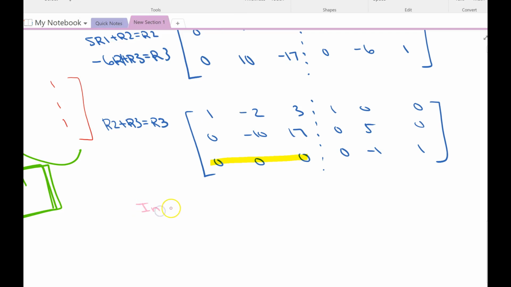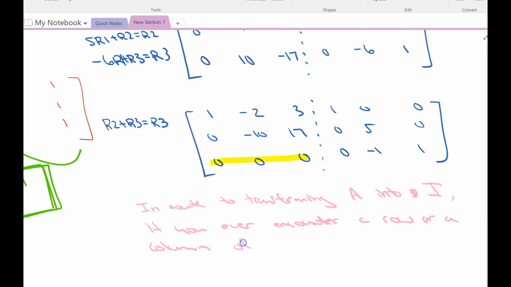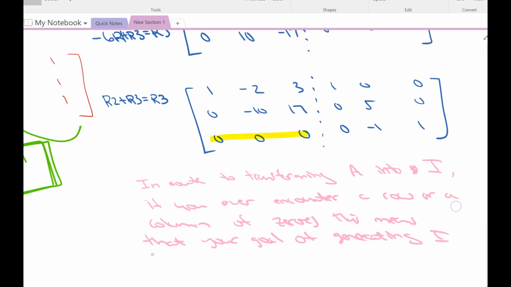In the course of transforming A into I, if you ever encounter a row or a column of zeros, this means that your goal of generating I is impossible, or is not feasible.